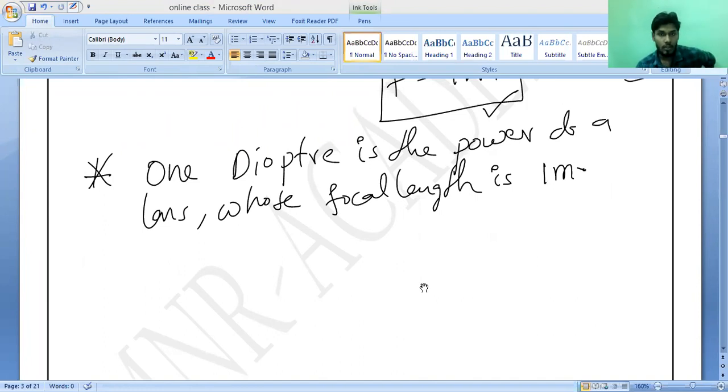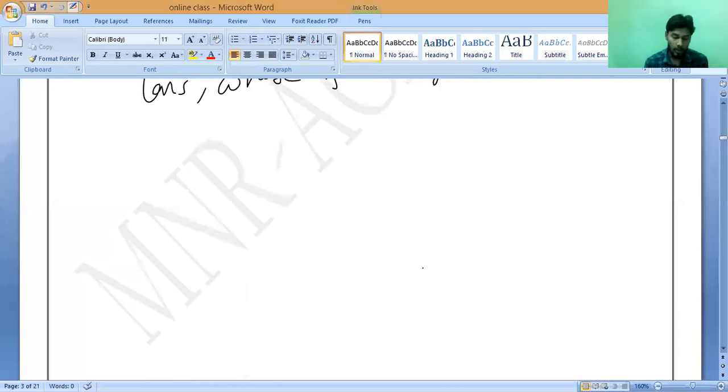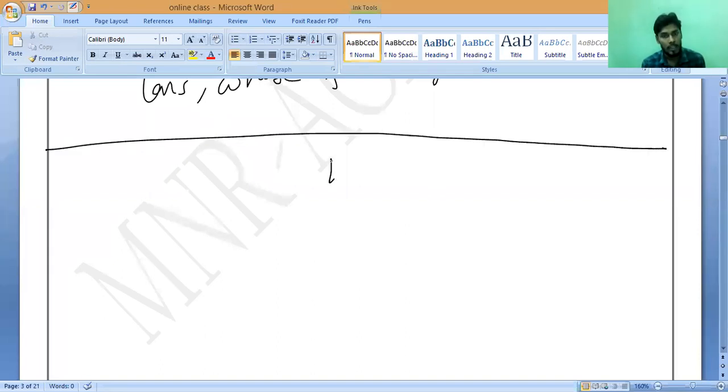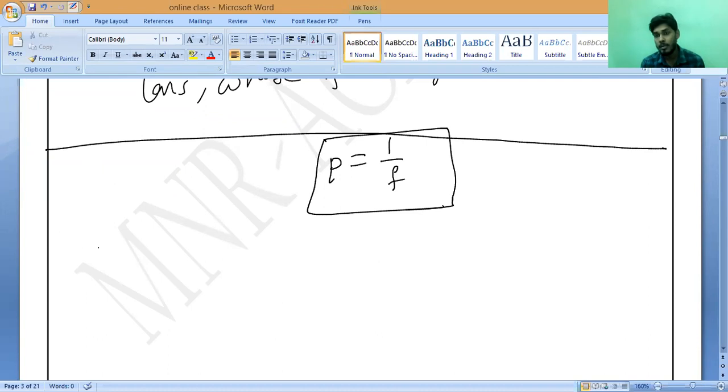Next, all of you should remember, because nobody should get confused in this. For the two formulas of power of a lens, power of a lens P is equal to 1 by F. But the formula will be modified a little for concave lens as well as convex lens.